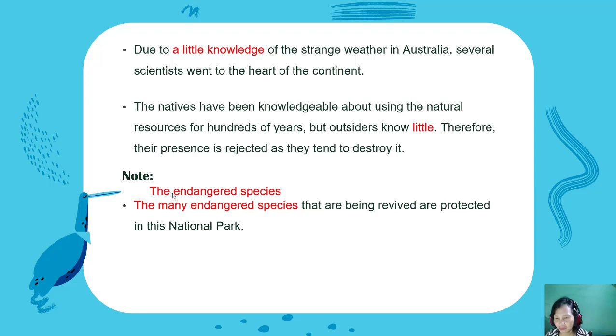The endangered species means the species which are endangered. But if we want to emphasize the large number, we can use many. So the many endangered species. So the difference is that in this one, we want to show that the number is so large.